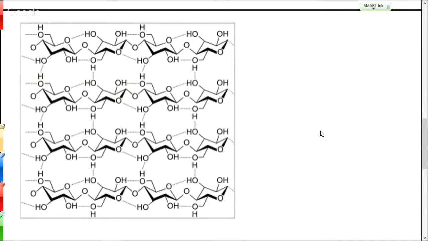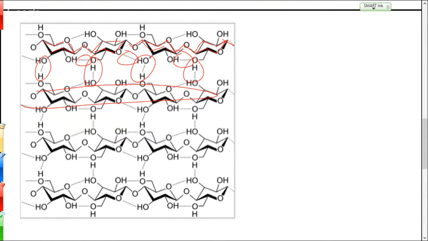So this is really what cellulose looks like. These here are the individual chains that we just saw from the picture in the book. That's an individual chain, and then this one's another individual chain, and they're connected through these hydrogen bonding interactions. So lots of hydrogen bonds here.